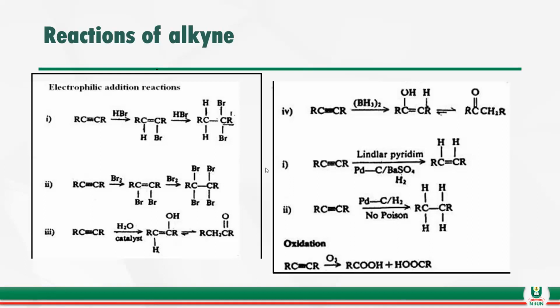Remember when we discussed hydrohalogenation of alkene, even alkyne undergoes hydrohalogenation. However, instead of one molecule that was consumed by alkene, in alkyne, if you want to carry out full hydrohalogenation, then there must be two molecules.